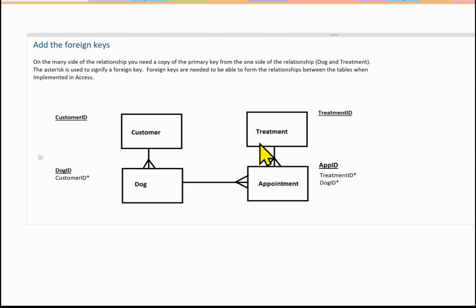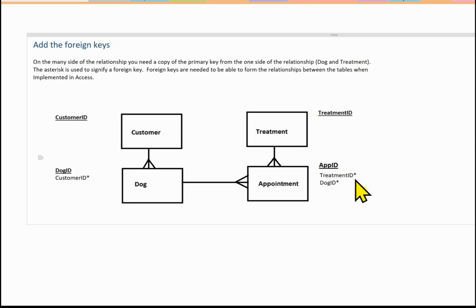Let's now have a look at the one-to-many relationship between treatment and appointment. So we go to the one side, treatment, pick up the primary key, treatment ID, and we put that in appointment as a foreign key. So there's treatment ID with the asterisk.